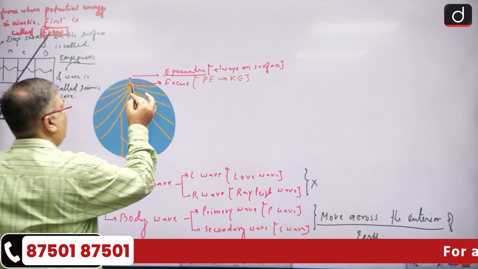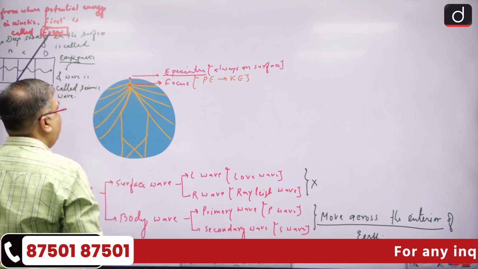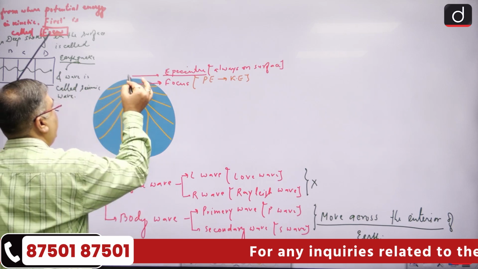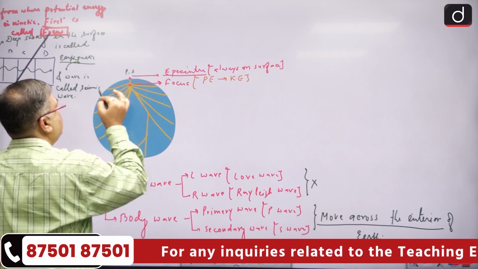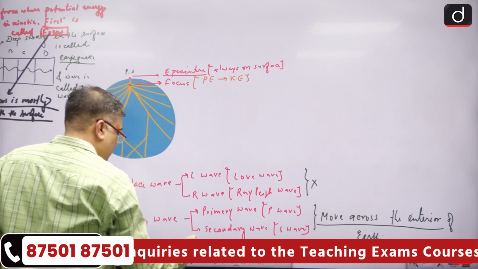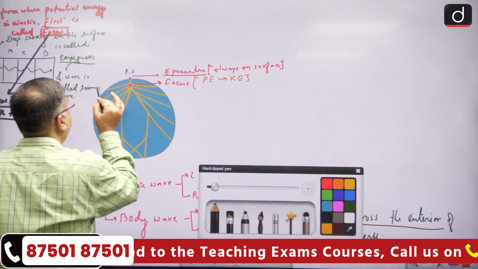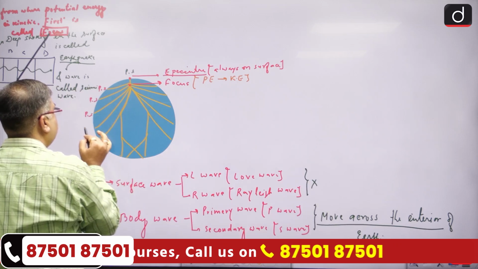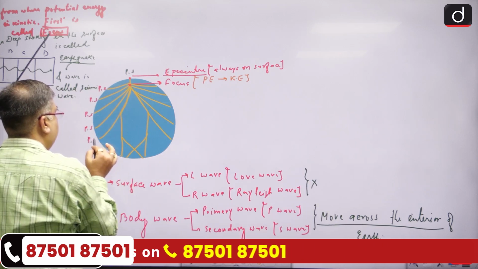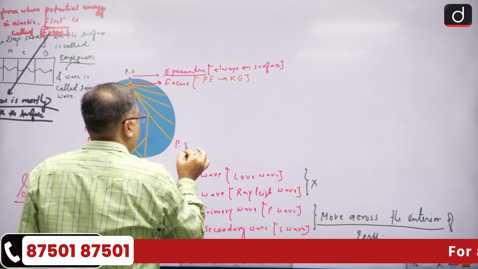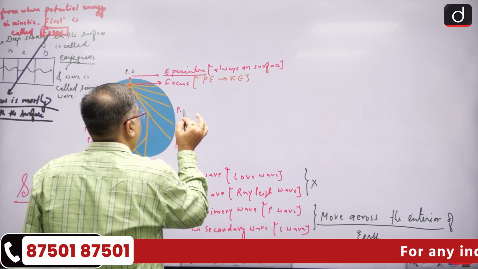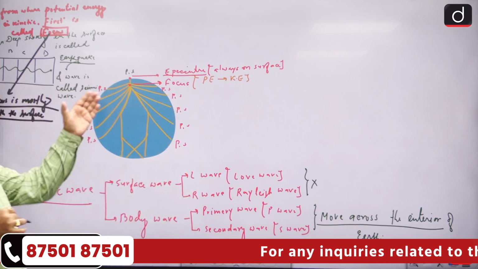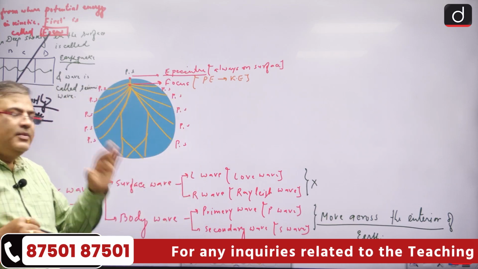So suppose the focus is there, and the P wave and the S wave have to propagate in all directions. Here what will reach? P and S. Here, P and S. In all directions, P and S are reaching.